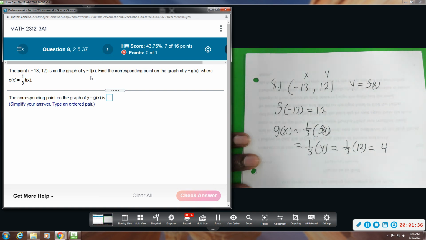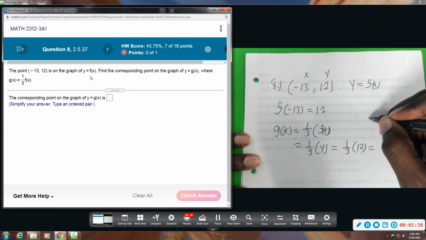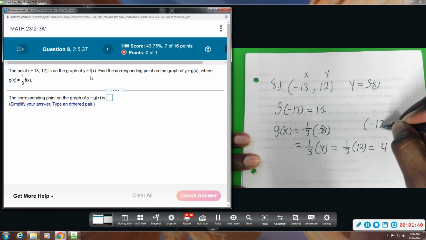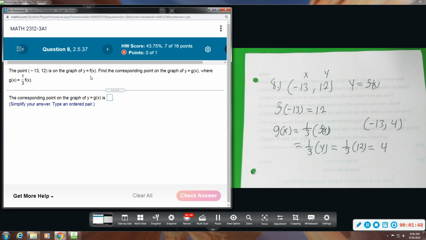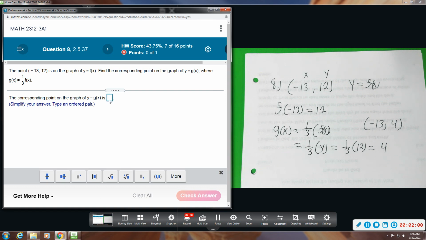So the new ordered pair that we get is negative 13, and then the y value is now 4. So this is how you interpret that. It's just a bunch of symbols getting you to understand how to find a new ordered pair using the rules of transformations. So the corresponding point, the new ordered pair, is going to be (-13, 4).